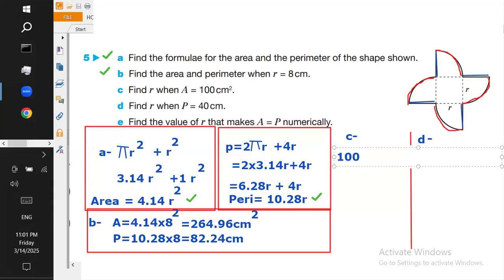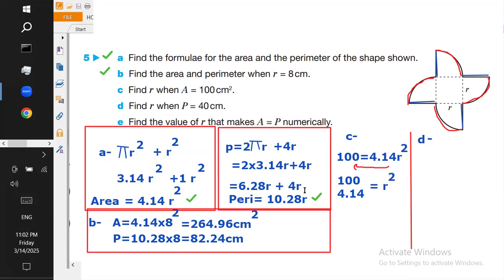So 100 equals 4.14 R squared. It means I have to rearrange to find the r now. How do I rearrange? I'll take the 4.14 to the other side by dividing. So here, 100 over 4.14 equals r squared.